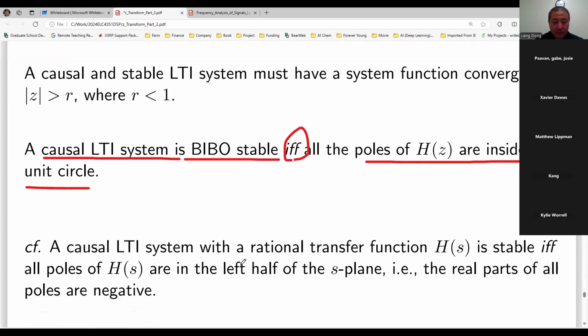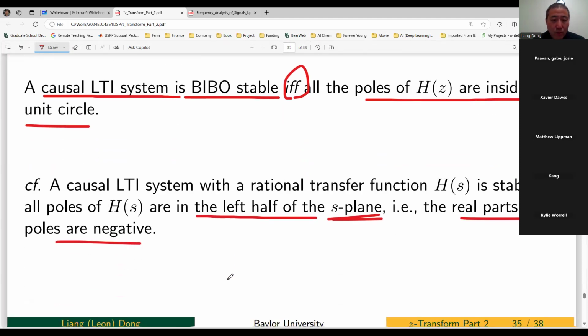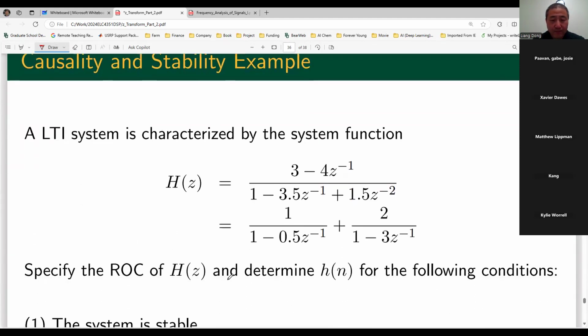Compare with Laplace transform, we know all these Laplace transform is S-plane. All these poles should be in the negative part, in the left half side of S-plane, which is the real part of the poles are negative in Laplace domain. Okay, so that's what we have last time.